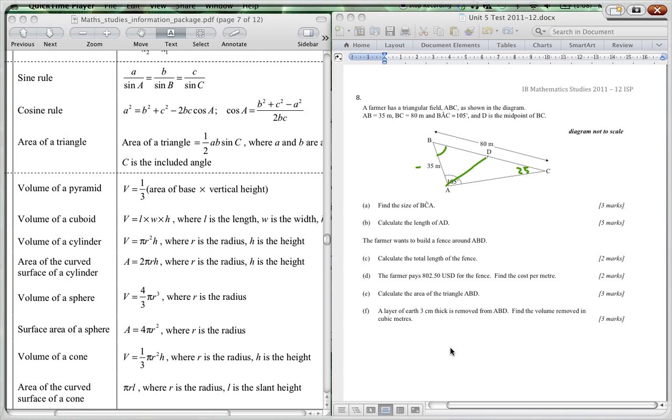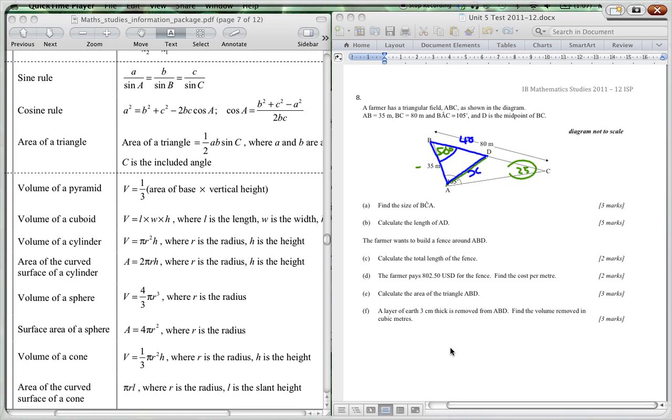So that angle B is going to equal 180 minus 105 minus 25. That's 130, so angle B is going to be 50 degrees. So I know this length over here is 40, and I know this length here is 35. I've got the included angle, and I want to work out this length x here.